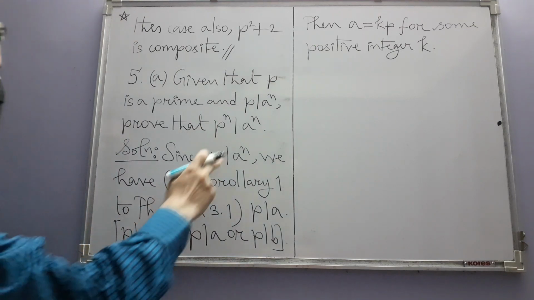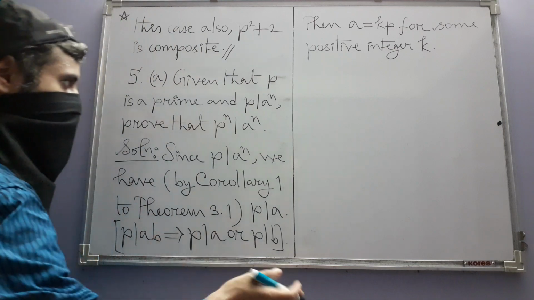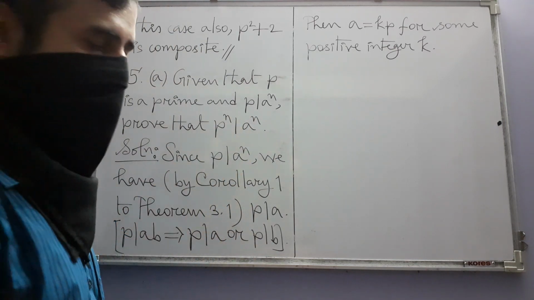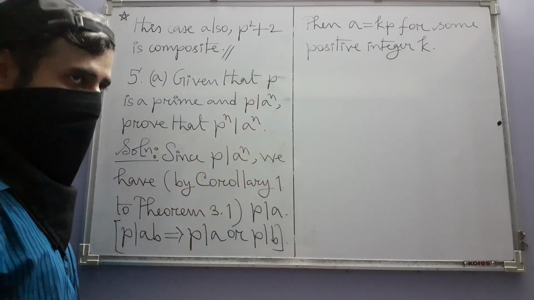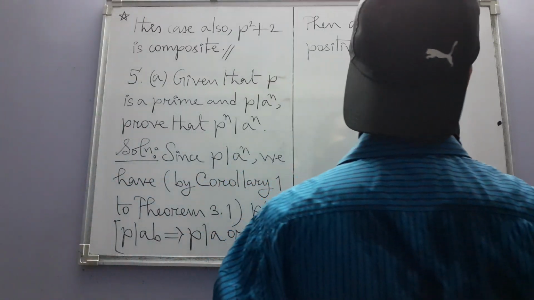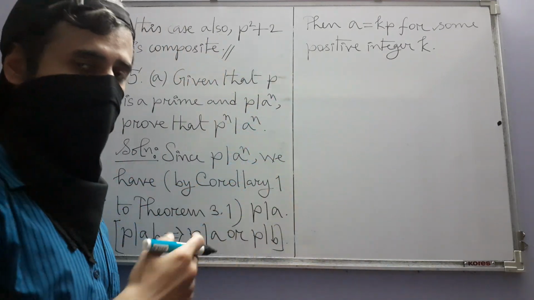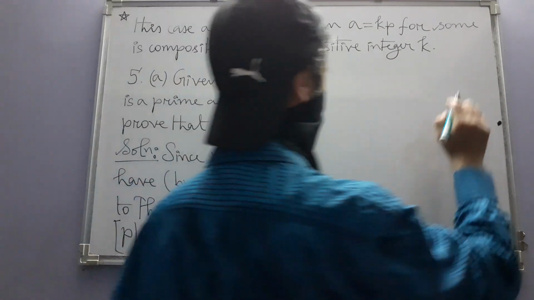Well, if you want, you can assume a to be 0 also, assuming that a is non-negative, but it's understood that in that case this is trivially true. So we are assuming k to be positive, and as such a to be positive.